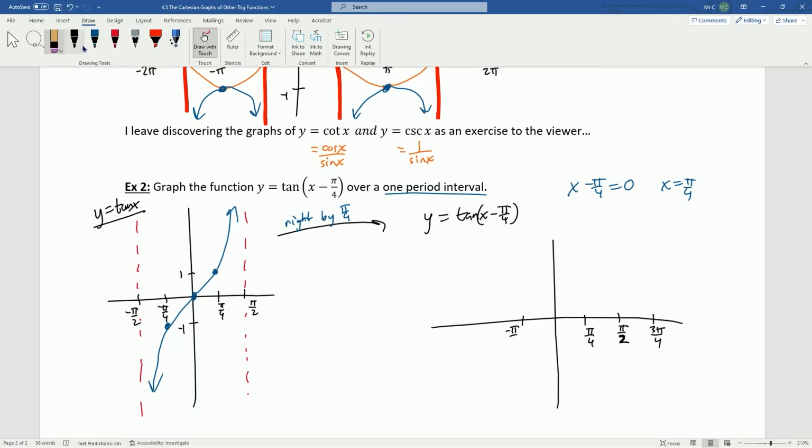This should also say pi over 4. This is negative pi over 2. That's negative pi over 4. Okay, so my asymptotes should all move over by pi over 4, but I'm marking every pi over 4. All right, and that one should move from pi over 2 to 3 pi over 4. And so now my 0, instead of being at 0, is going to be at pi over 4. My 1 will be here at pi over 2. And my negative 1 will be at 0. And then my graph looks like that. And that's my graph for y equals tangent of x minus pi over 4.